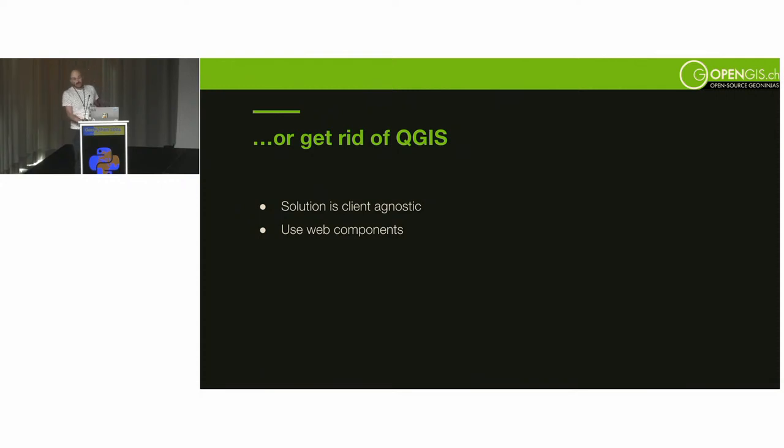And the other thing is we try to think a bit differently, because basically our solution is API first, client agnostic. So we could also at some point try to think about getting rid of QGIS or bringing the web within QGIS.